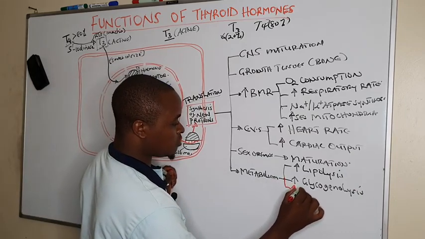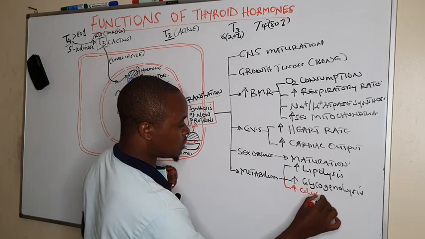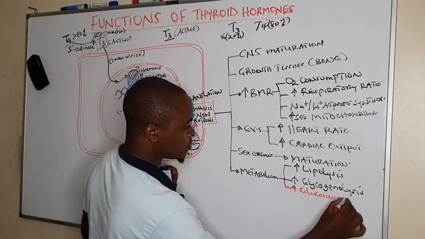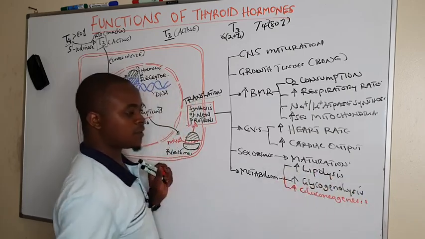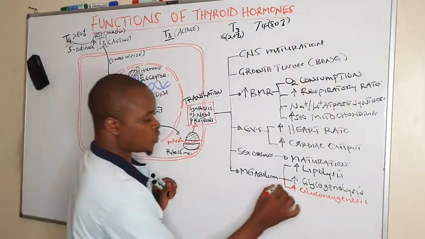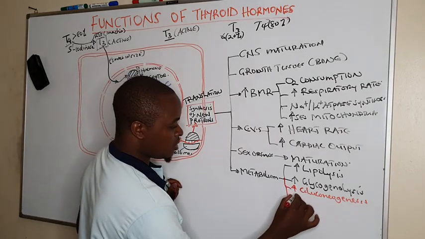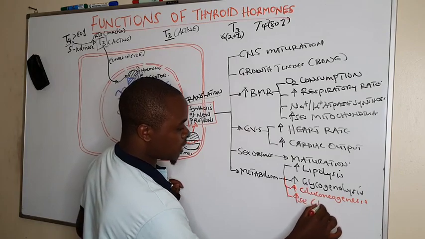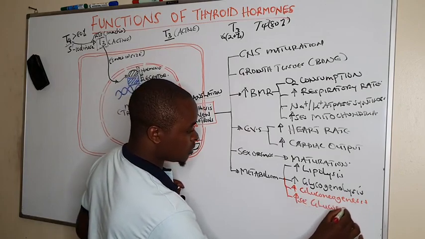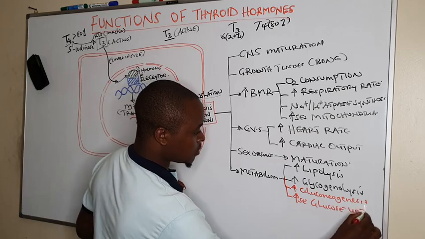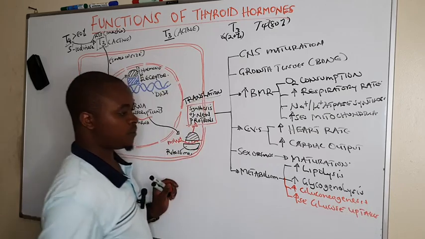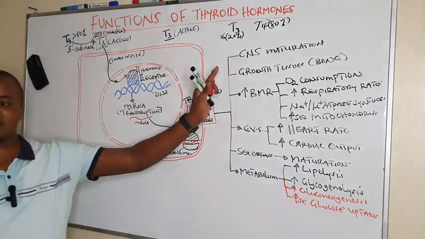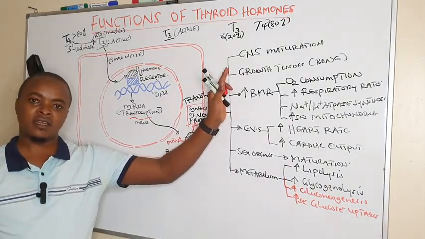They trigger or stimulate gluconeogenesis, and they also increase glucose uptake or utilization. So these are the functions of T3 and T4.